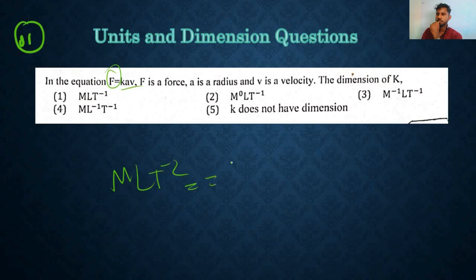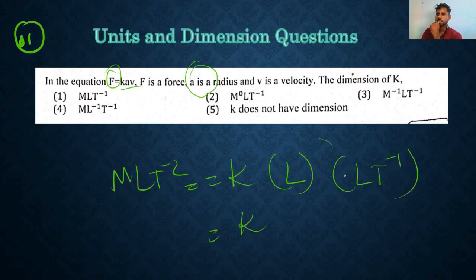That should be equal to K into A, which is a radius, so that's a length, L. Then V is velocity, it's L T minus 1. So K into, we get L squared T minus 1. So K will complete the equation.